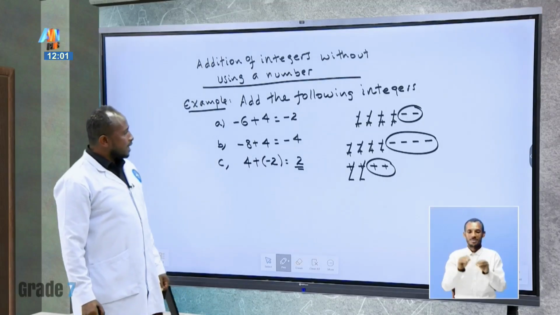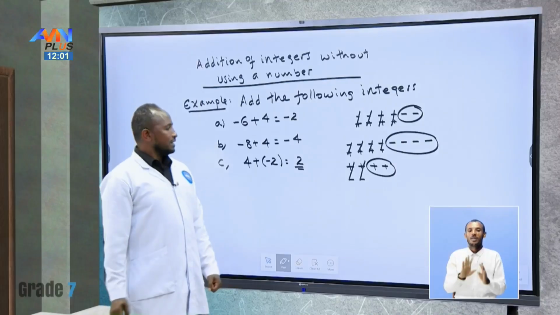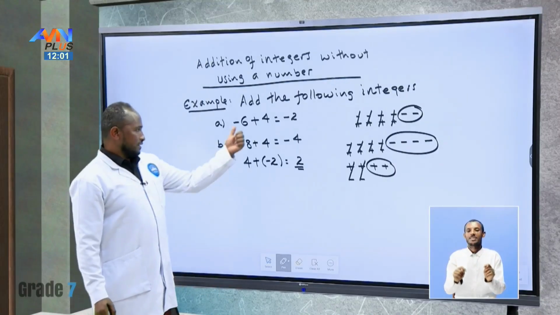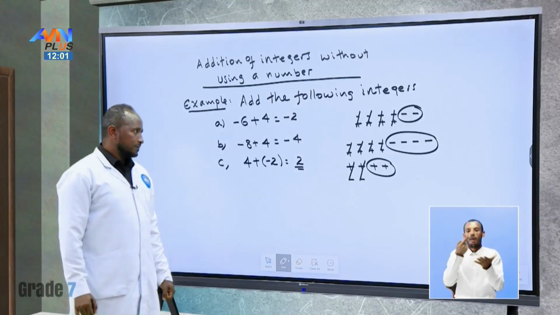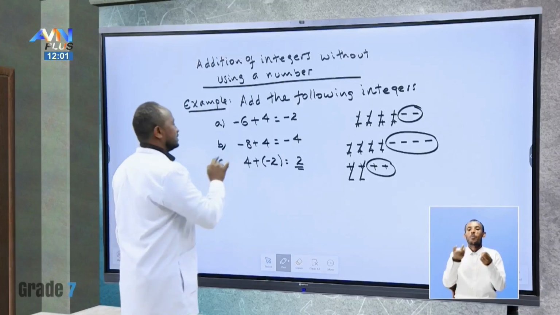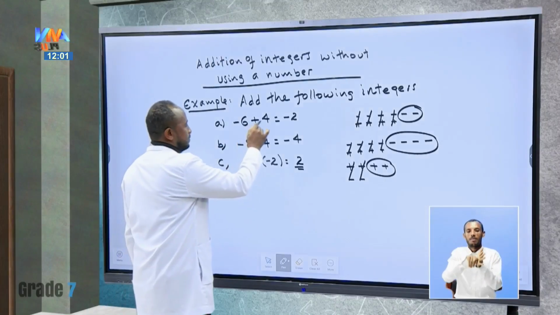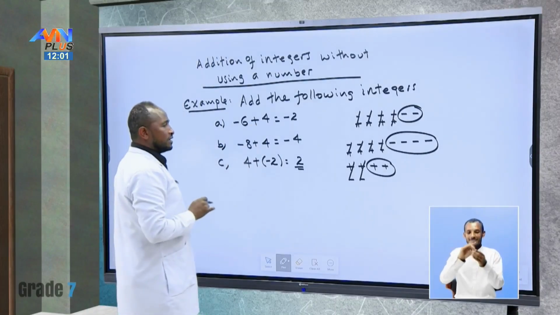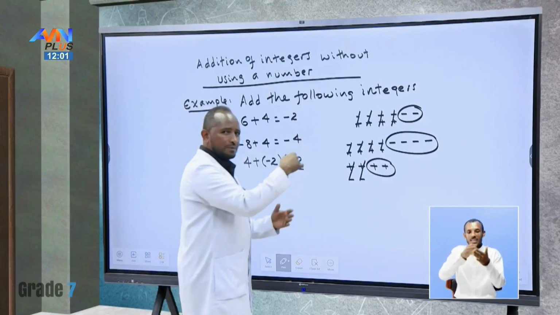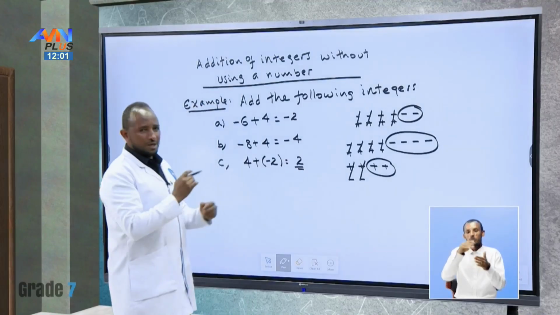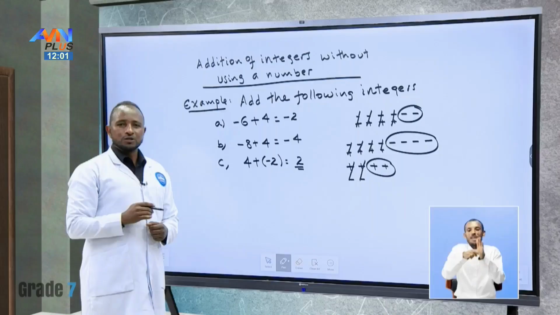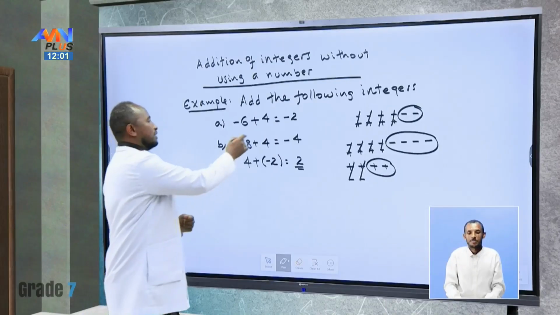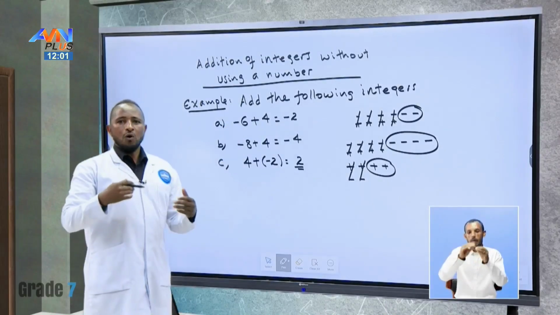Students, now, let's try to see something here. Look, when you add a negative and a positive number, the result is always a subtraction. You subtract, but the sign depends on the number which is more.